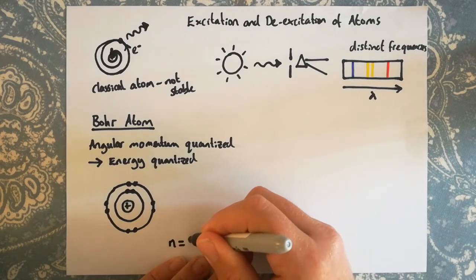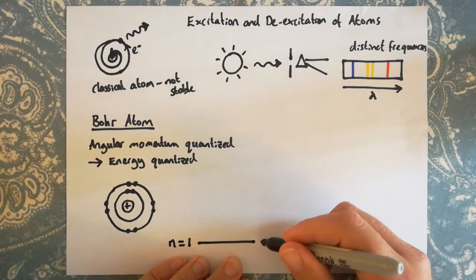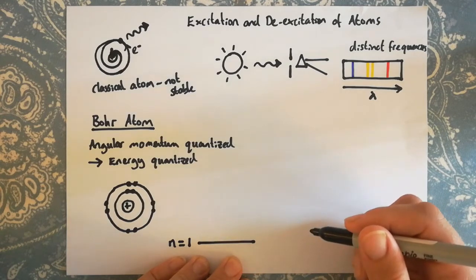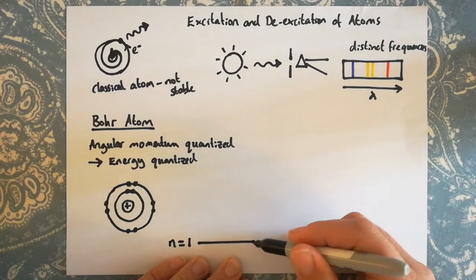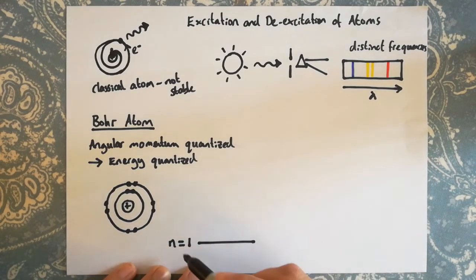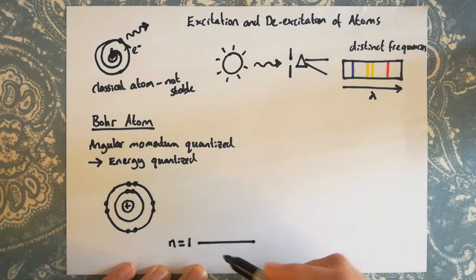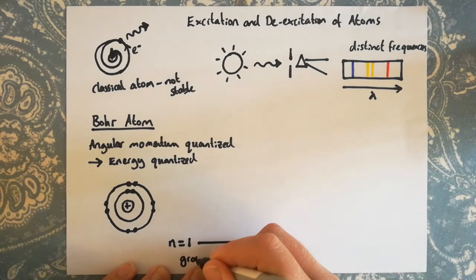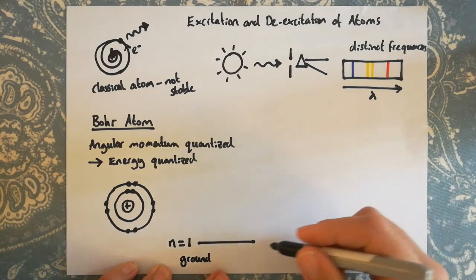We could draw these diagrams for other atoms as well, but we're going to look at hydrogen because it's simple, because we only need to think about one electron. So we label the energy states with numbers, which we denote as n. The n equals 1 energy state is the lowest energy state, which we also call the ground state.